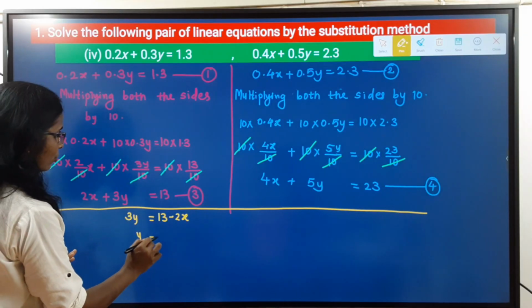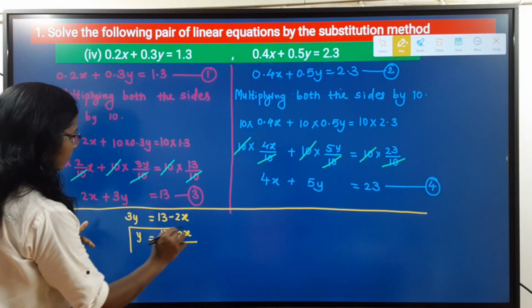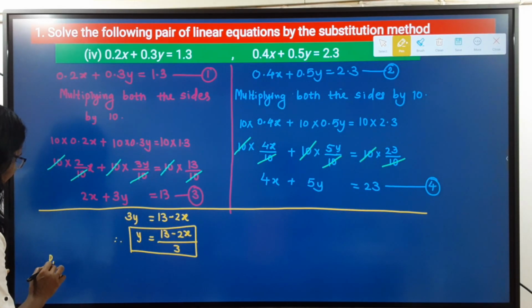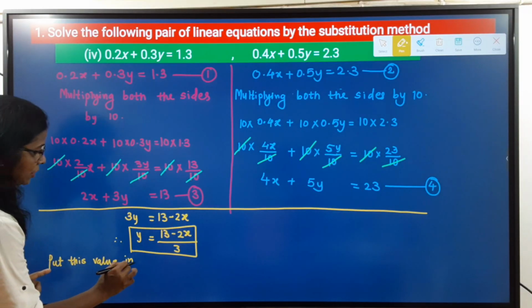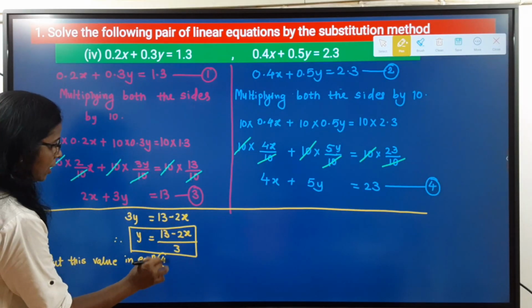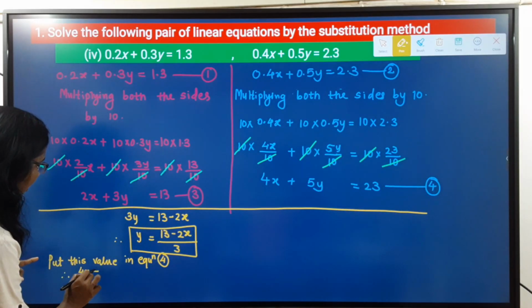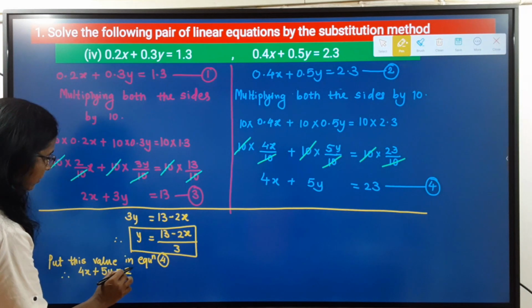So y is equal to 13 minus 2x upon 3. Then further put this value in equation 4. I write down the fourth equation, 4x plus 5y is equal to 23.